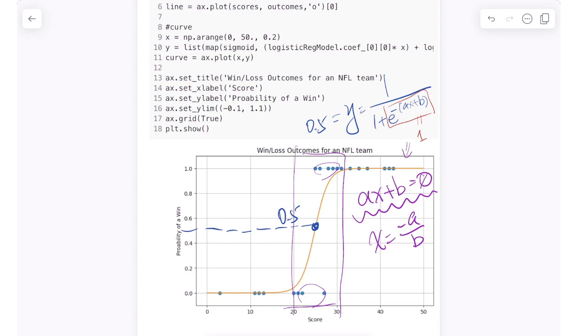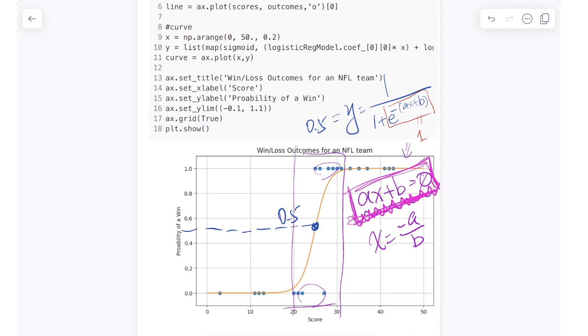Again, I would like to mention this one. As you can see, it is a line: ax1 plus b equals 0. That's the reason why we call it logistic regression, although it is a classification algorithm, because this part is a regression line.